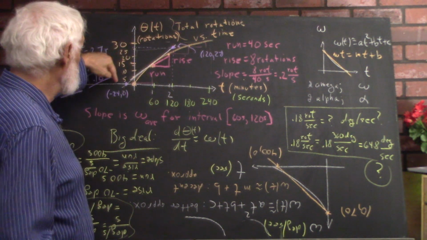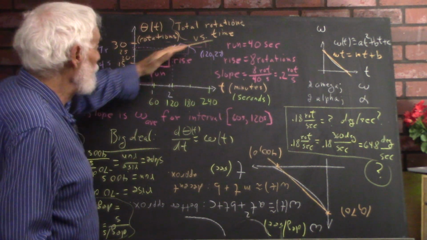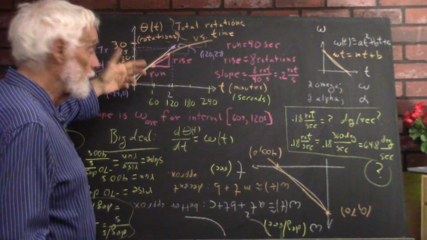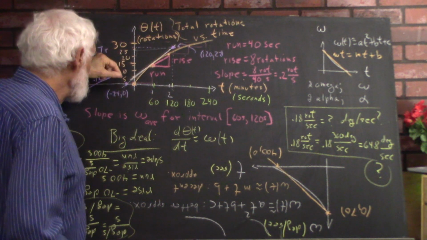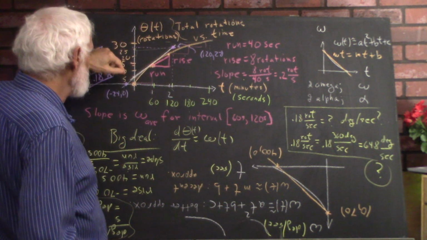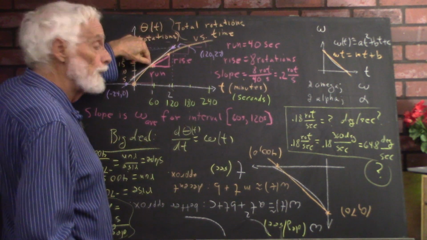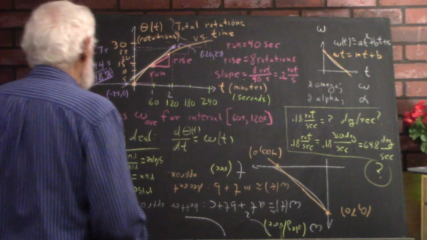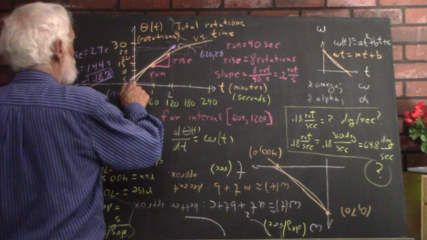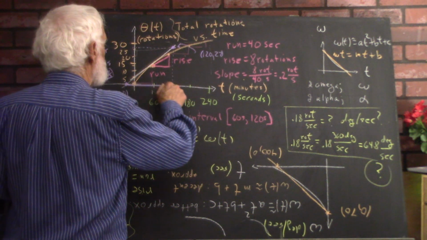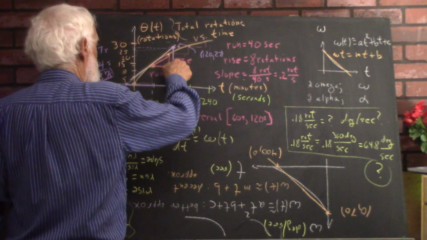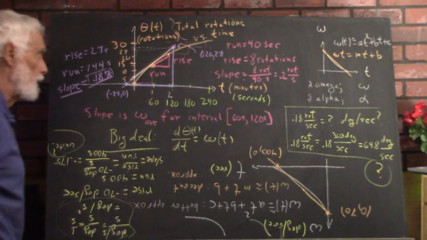So these points don't have anything to do with the actual behavior of the system except that they're an auxiliary calculation for the slope of the tangent line. So now we can, if we wish, if we don't do this, we should at least visualize it.